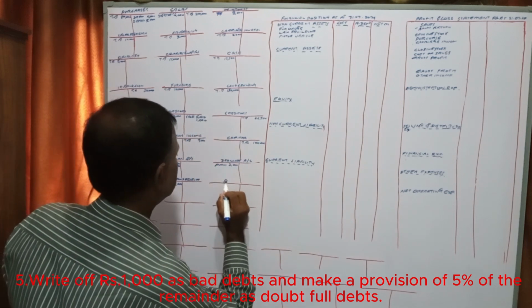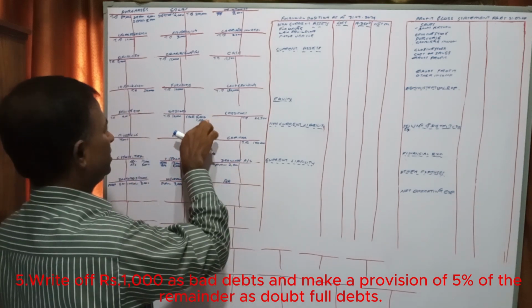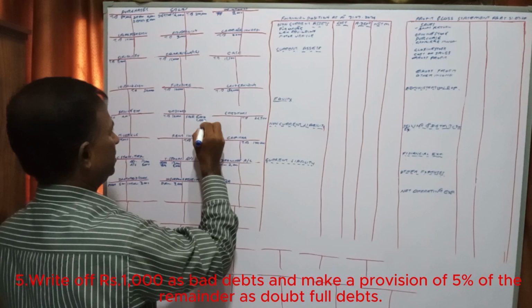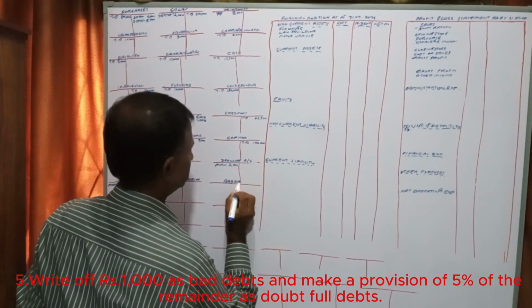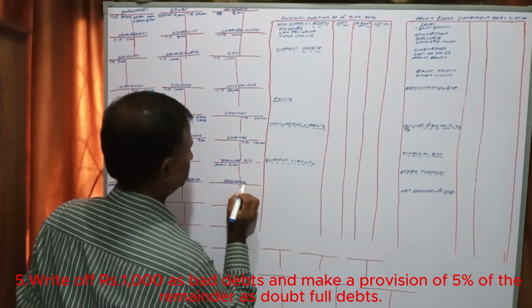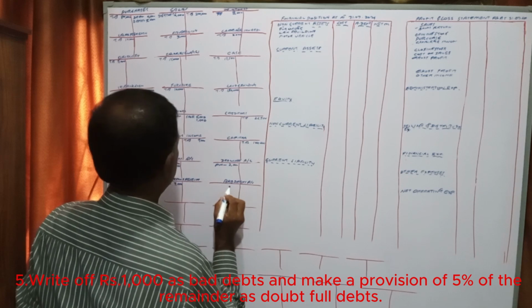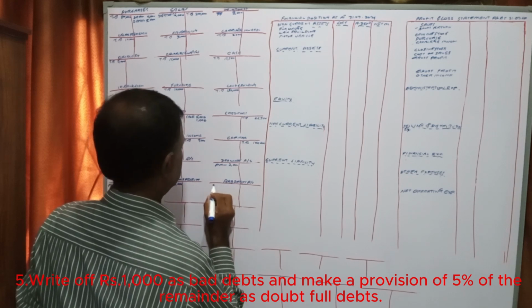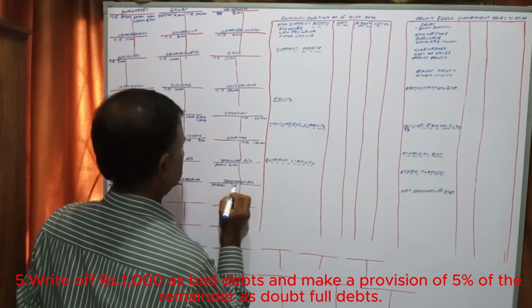Bad debts account credit. Sorry, debtors account credit and bad debts account debit. Debtors 1,000.